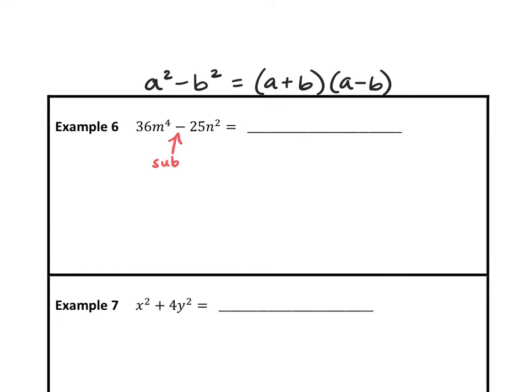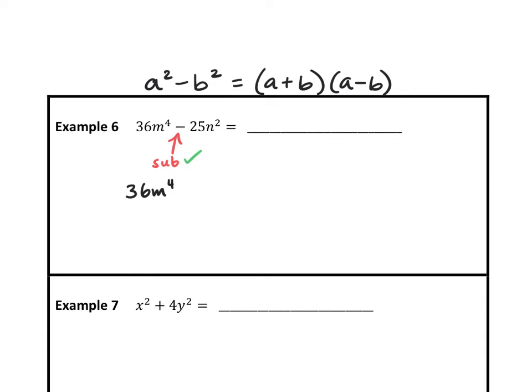There's subtraction going on, so that's a check mark. Then we can do a quick check, right? Can I take the square root of 36 and get a whole number? Yes. Is the exponent even? Yes. So we got 2 checks right there.